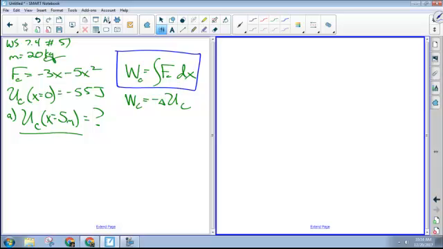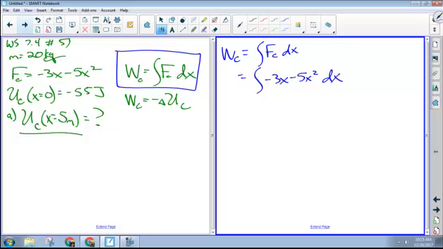Okay, so here we go. So the work done by my conservative force is the integral of my conservative force with respect to x. So that's the integral of negative 3x minus 5x squared with respect to x, right? Follow?